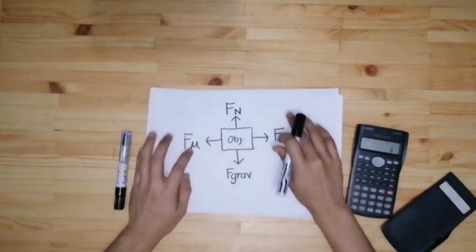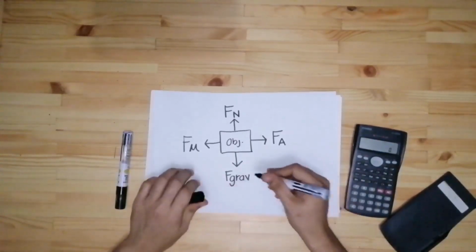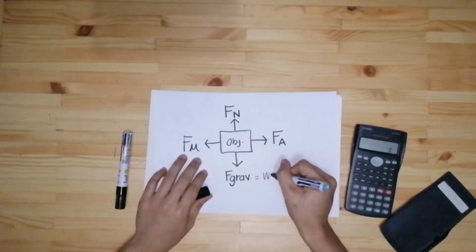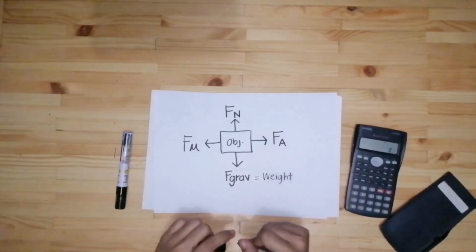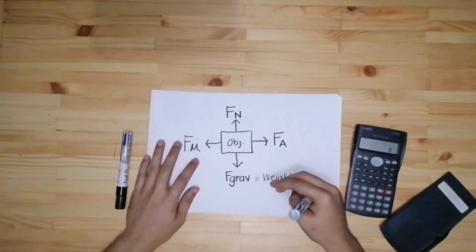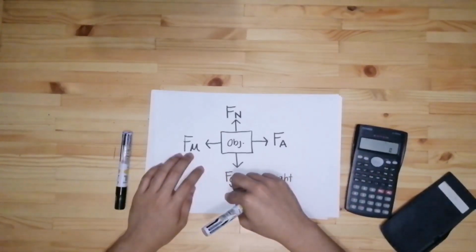Then we also have what we call the gravitational force. This is also what we call weight. That is also equal to weight. Our weight is the heaviness that pushes the object downward. Okay?